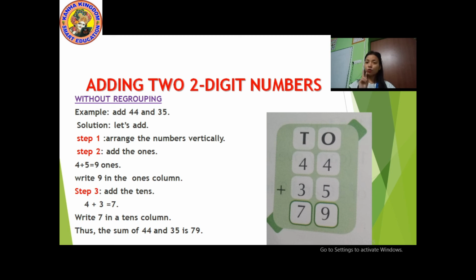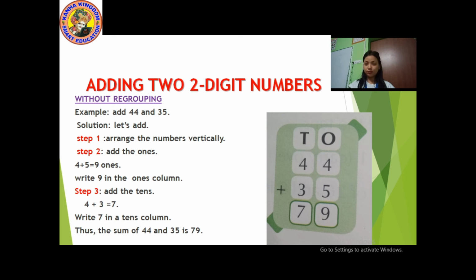Now we start adding these two-digit numbers. The first step was to arrange the numbers vertically. We arrange these two numbers vertically in the place value chart, right? 44 and 35, we place these two numbers in the place value chart.